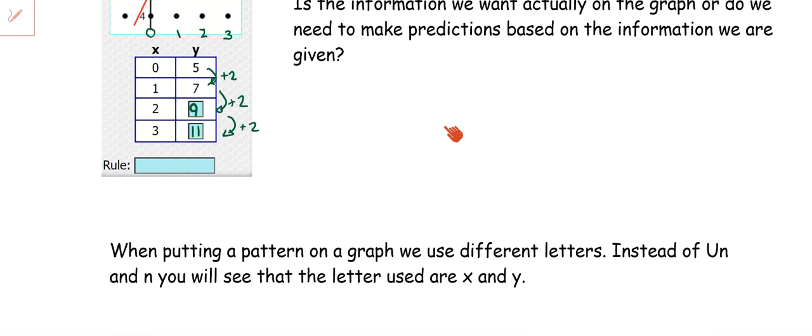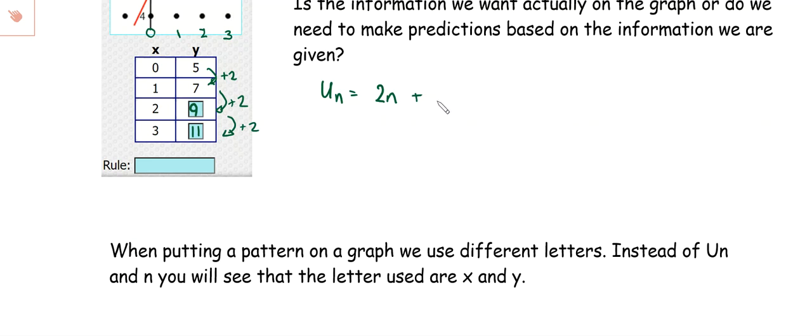Now, what's the rule? I've said down here, when putting a pattern on a graph, we use different letters. Instead of un and n, we're going to use x's and y's. So what would be the rule, do you think, Zoe? All right, so we'll start with un equals 2n. Good. Not plus 3.